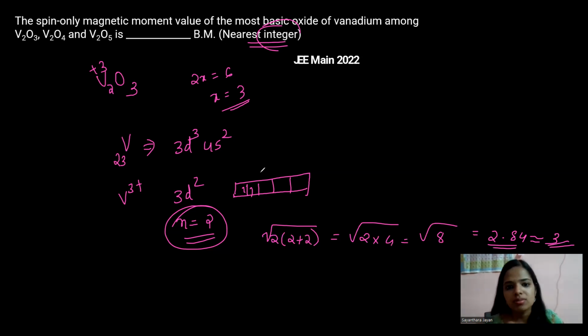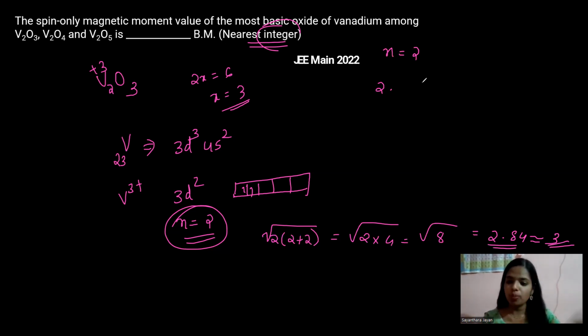Number of unpaired electrons n equal to 2 means 2 point something, so you can't write it as 2. For 1 unpaired electron, it is 1.73.